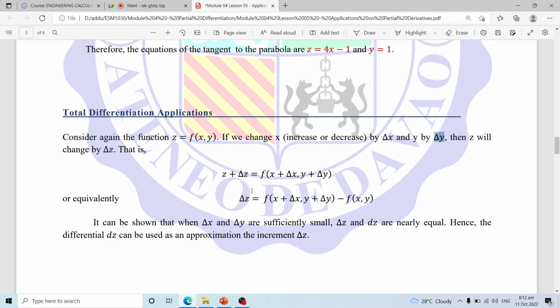Then z is equal to f of x, y. So, to solve for delta z, it will be f of x plus delta x and y plus delta y minus f of x, y.